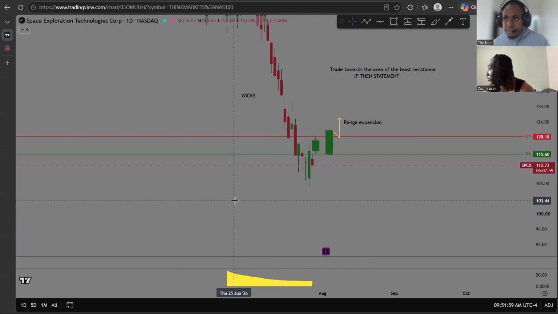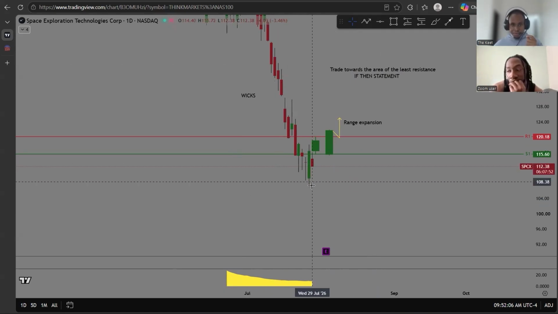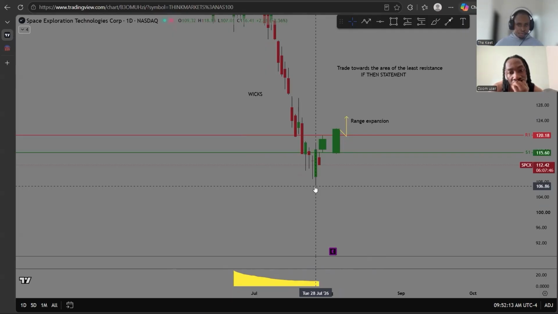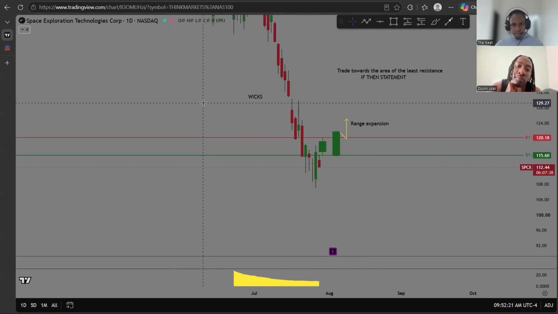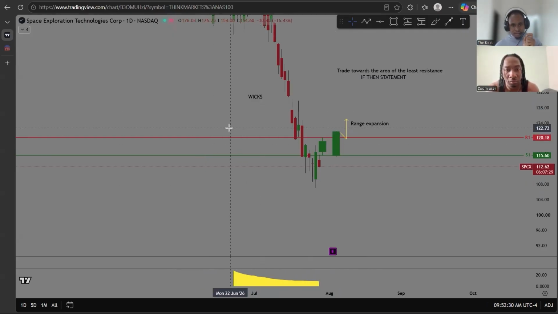First, the anatomy of a candle: if a candle opens, it has an open, it has a low, it has a high, and it has a close. What is important to us as technical traders is the high and the low of prices.